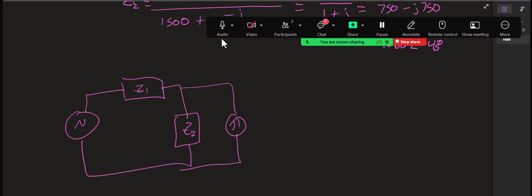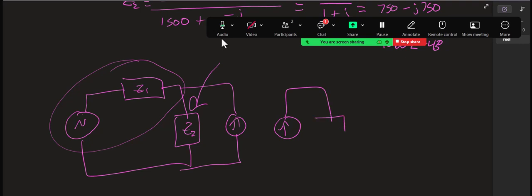we can't do that because the problem is asking us to find the voltage across the resistor, capacitor, parallel combination, which is Z2. So we have to transform these two. And the way you do that is to transform a voltage source and an impedance in series into a current source and an impedance in parallel.